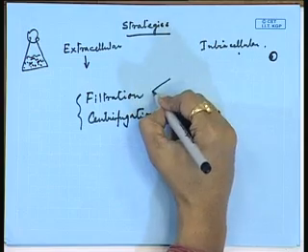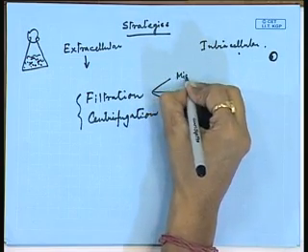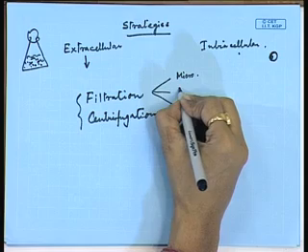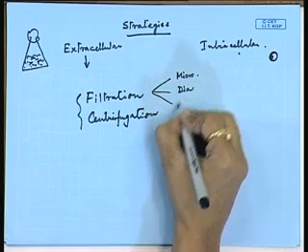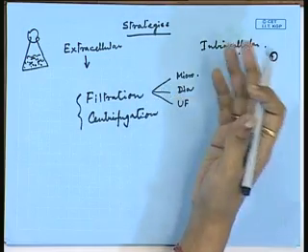Filtration may be of different types. It may be microfiltration, it may be diafiltration, it may be ultrafiltration, and it may be of different types where we can separate the insolubles from the solubles.